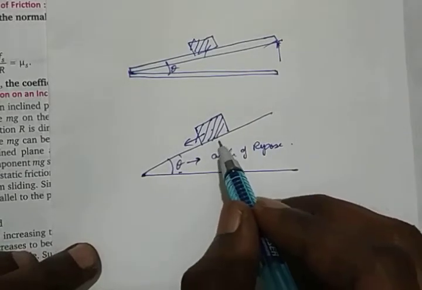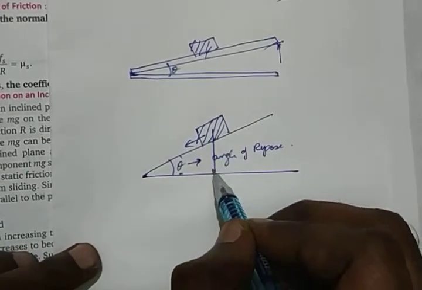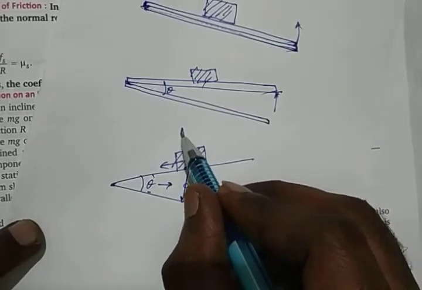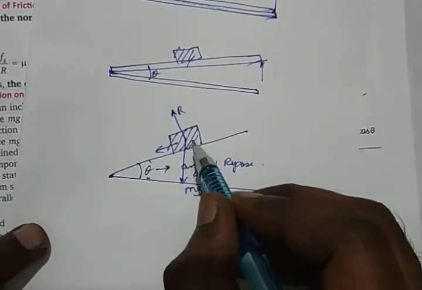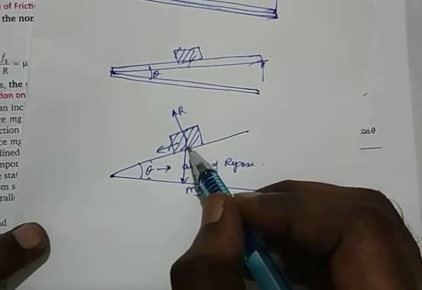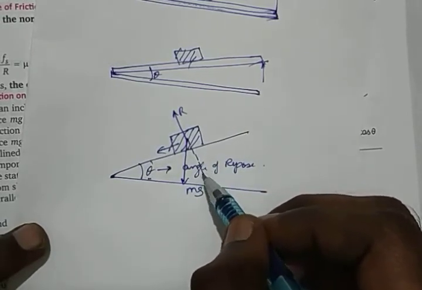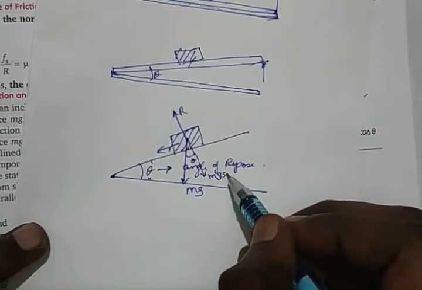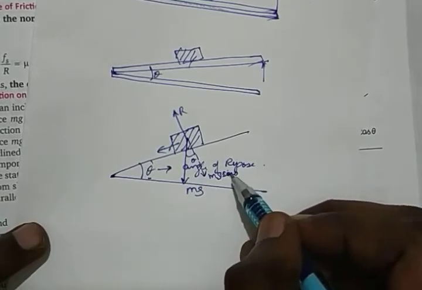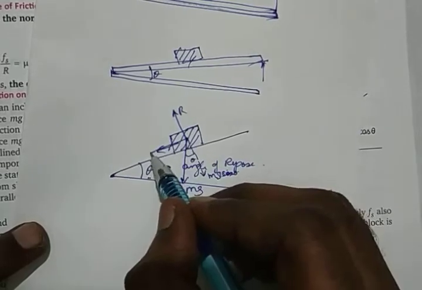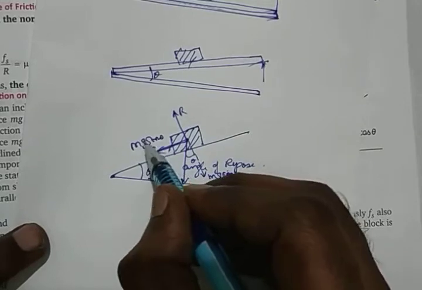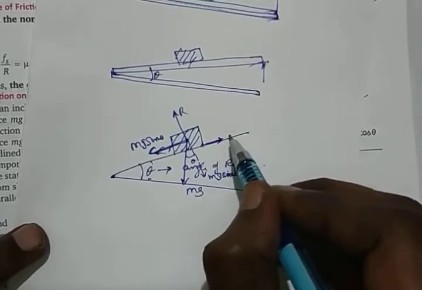Now we will start with the forces. We know this one is mg and this one is going to be equal to R. This is theta, this is mg cos theta, and this one is going to be mg sin theta, and the frictional force will be acting in this direction.